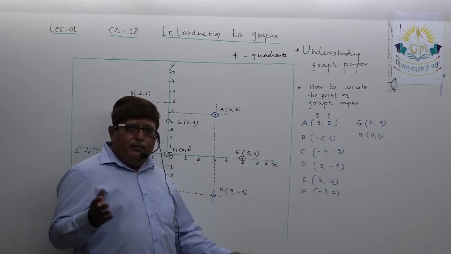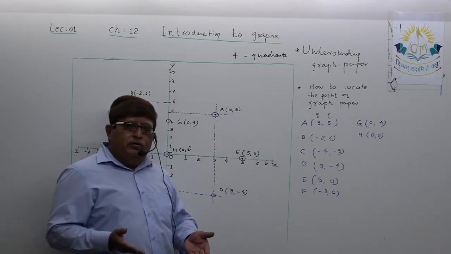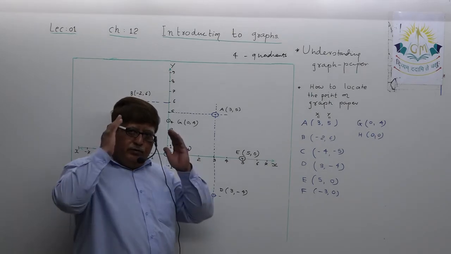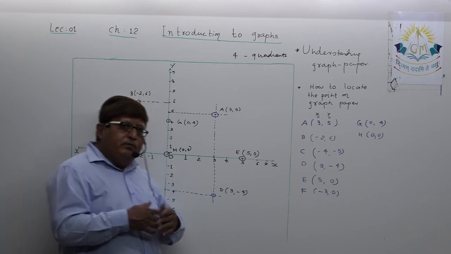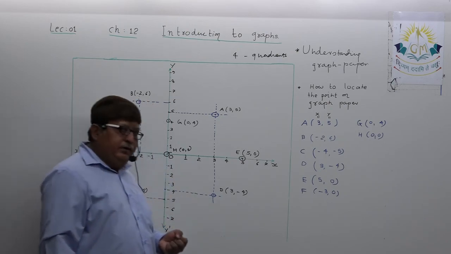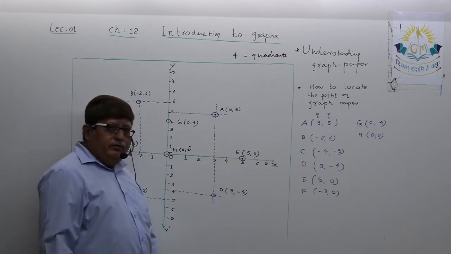So for that purpose you are not going to draw the whole graph paper. You just have to keep the graph paper in your mind, and from that you will decide easily. Understand? So you understood this?